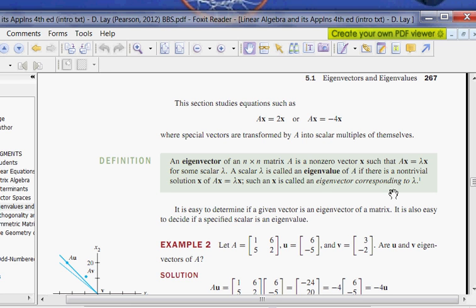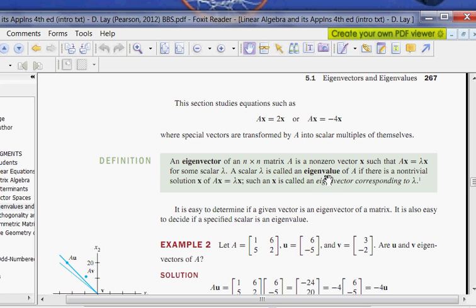Well, I'll explain it to you. Look, you have your n by n matrix A. If you also have this vector x, and you multiply A and x together, and that equals the original vector times some particular scalar called lambda, then x is called an eigenvector, and this lambda is called an eigenvalue.